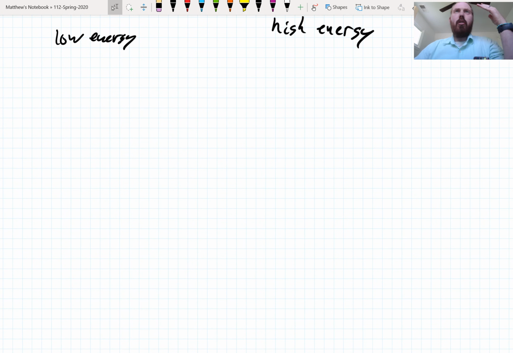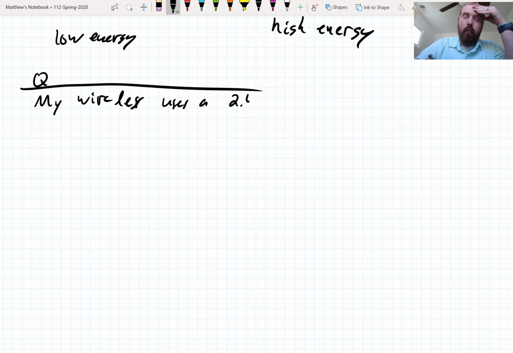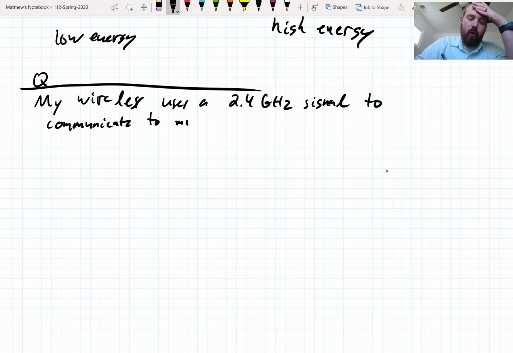So let's try problems. Let's solve a question. Right now I'm using a wireless mouse, and I imagine lots of you have wireless devices, right? So I have a wireless mouse, and it uses a 2.4 gigahertz signal to communicate to my computer.